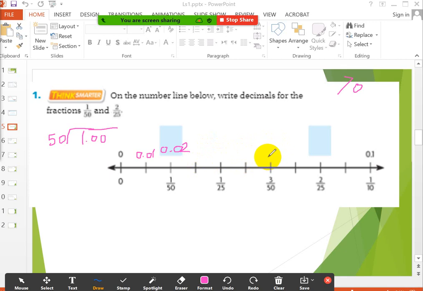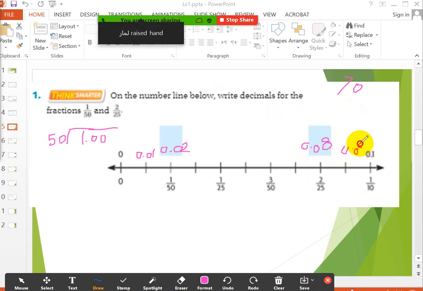This one will be 0.06, 0.07, and this one will be 0.08, 8 in the hundredths, and this one will be 0.09. And the last one is 0.10, but it will be 0.1, 1 tenth.